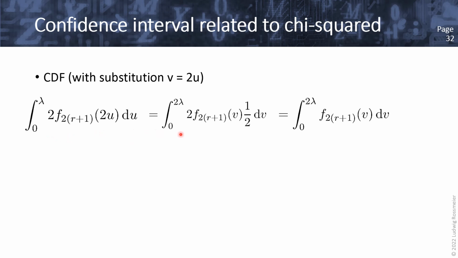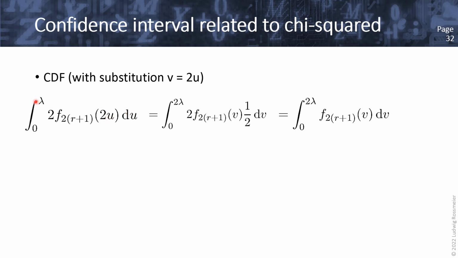And we do a substitution with a variable v, which is 2 times u. That means I put here v. Here. The du then will be half of dv.